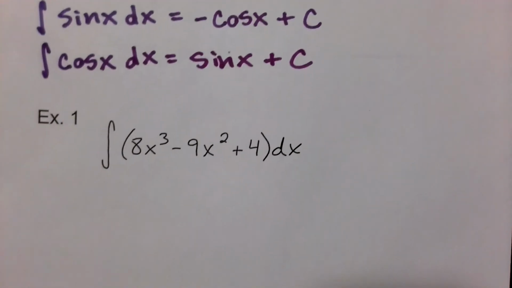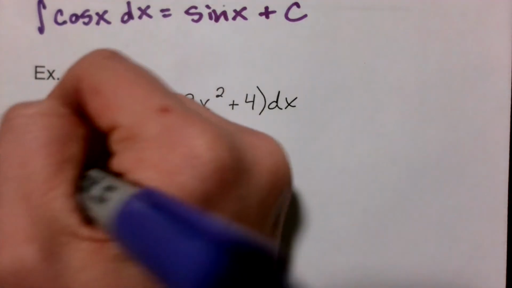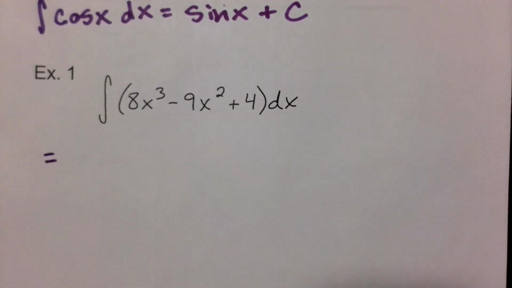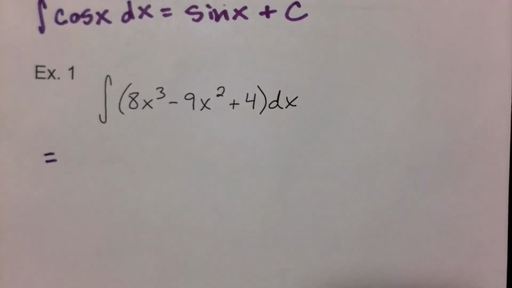Okay, so some real numbers here. Go ahead and write this guy down. We are taking the integral of this, 8x cubed minus 9x squared plus 4, with respect to x. Okay, so we will be using the integral power rule. I don't know if it has an official title, honestly, but it's its own power rule where we are raising each of these powers by 1 and then dividing by that.